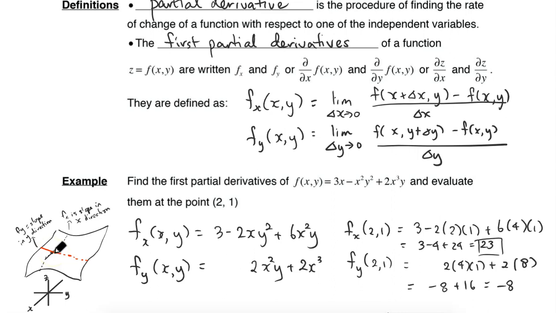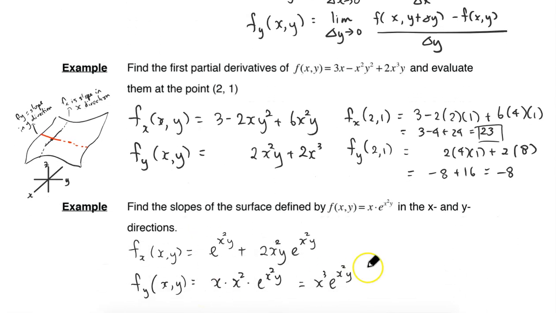That slope would be, in our example, 23. Here it seems like it's rather going down. And similarly, if you fix the x value, then you are actually looking at this red curve here, and you can find the slope of the tangent line to that curve. And in this example, it's negative 8.